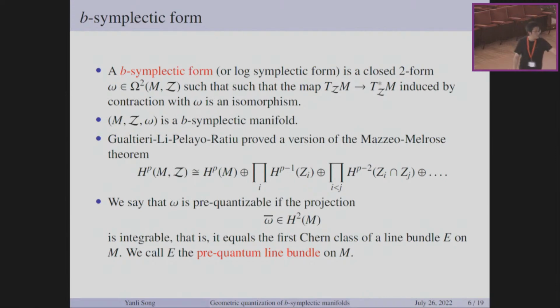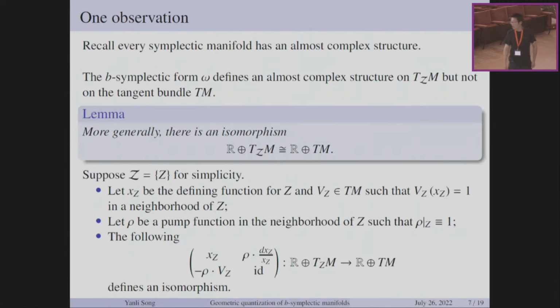Okay, next. One observation in order to do the quantization. As before, in the symplectic case, in order to define the quantization, we need an almost complex structure so that we can define a Dirac operator.